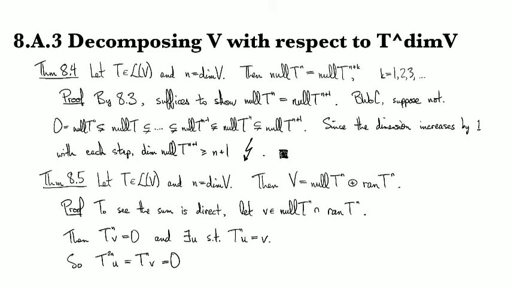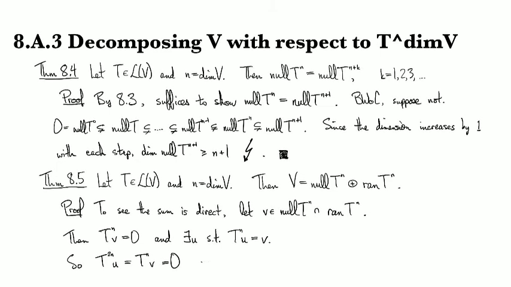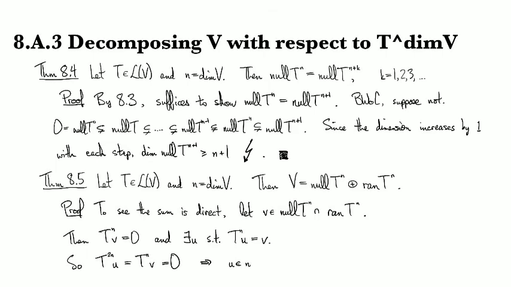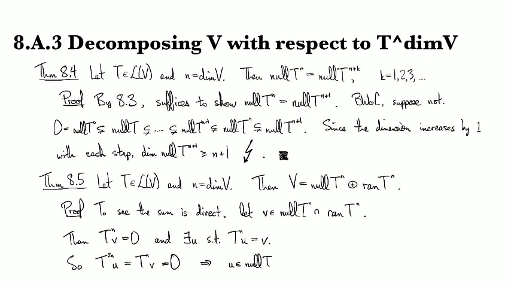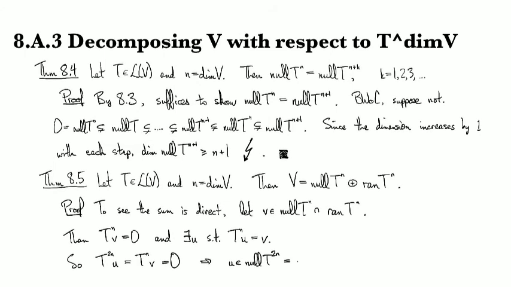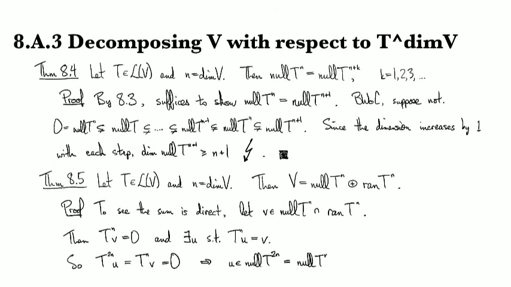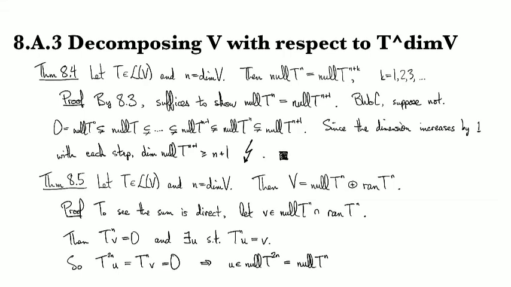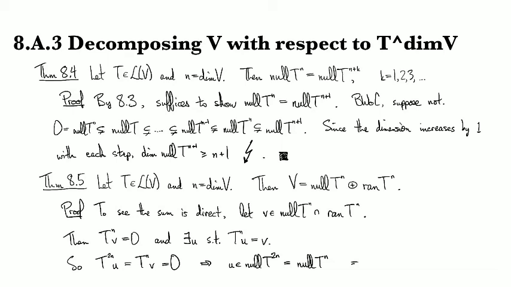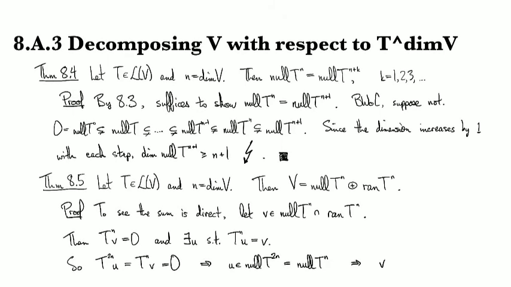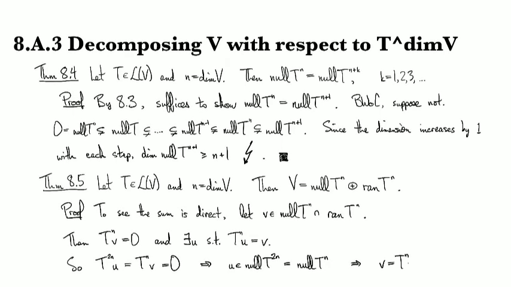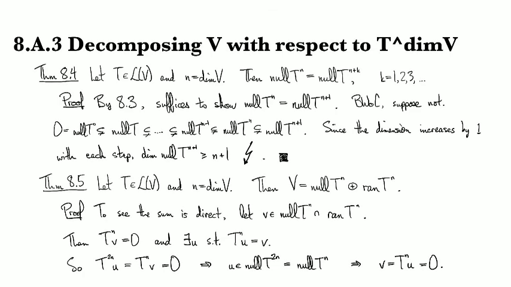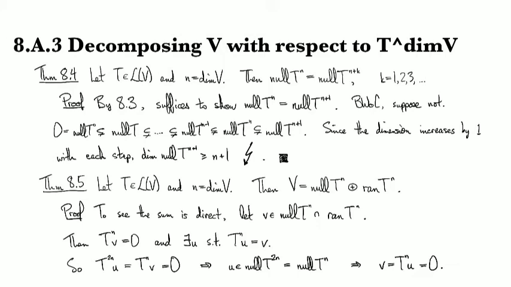So then that shows that u is in the null space of T to the 2n. But from our previous result, we know that the null space of T to the 2n is equal to the null space of T to the n because it stops growing at the nth iterate. And so then that means v, which is T^n u, is equal to 0. So now we have that the sum is direct.